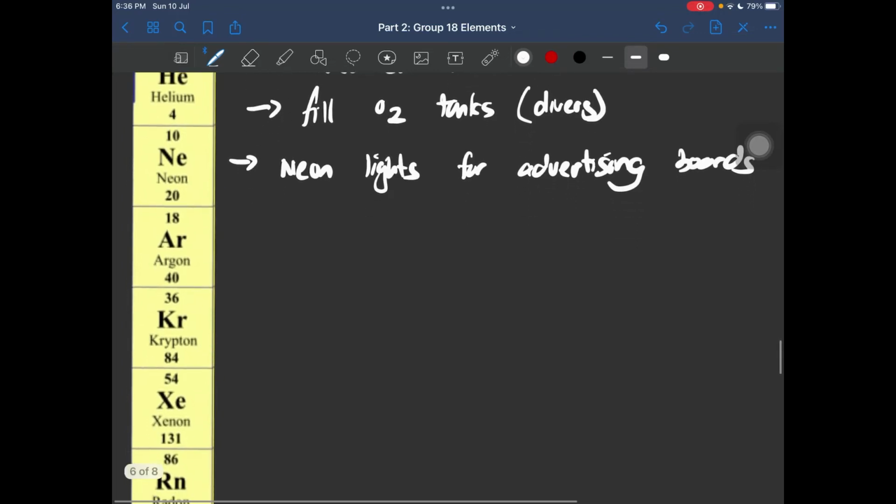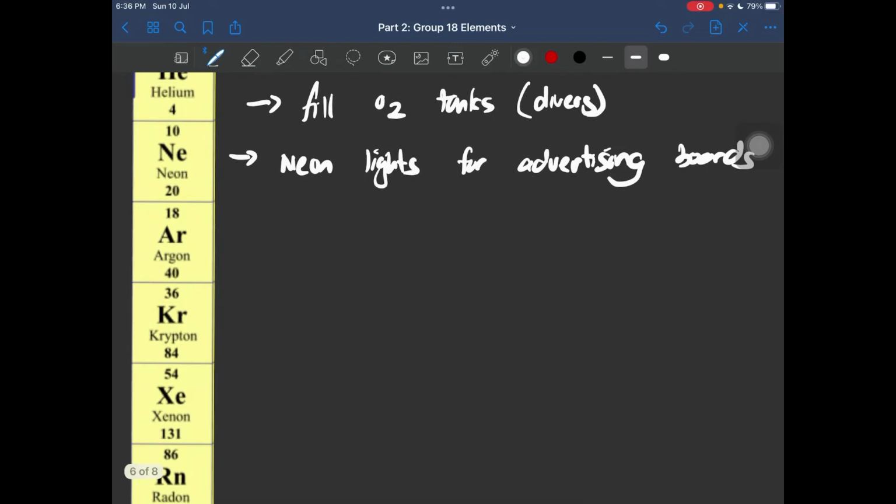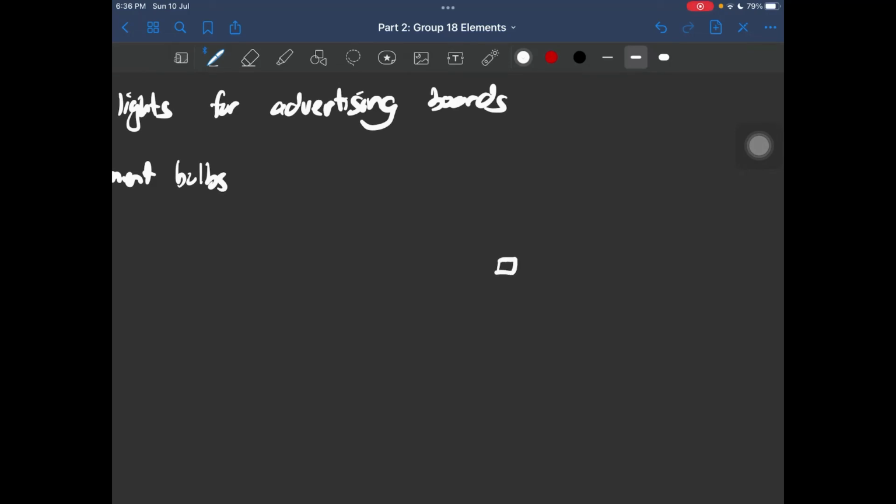Now, how about argon? I'm not sure whether all of you have already learned this for physics, but argon is actually one of the gases that is used to fill filament bulbs. If you don't know what a filament bulb is, it's something like that.